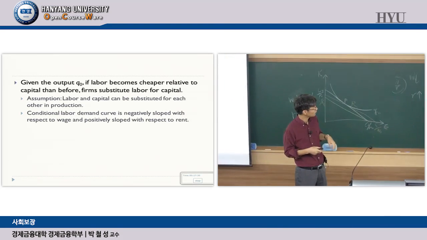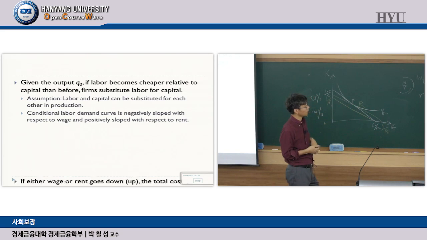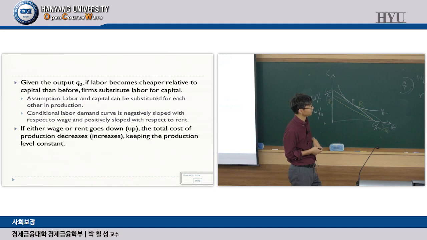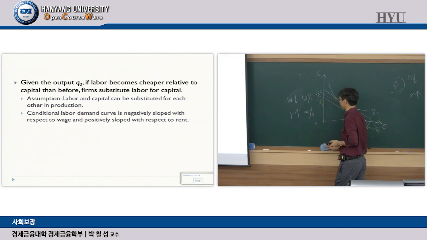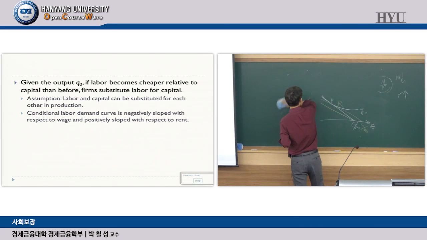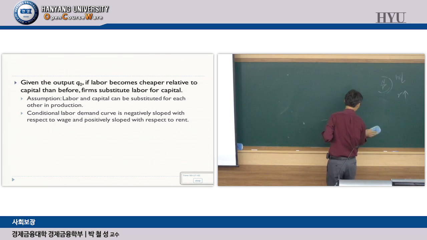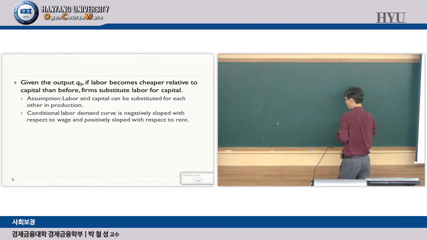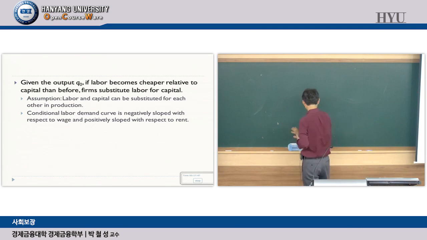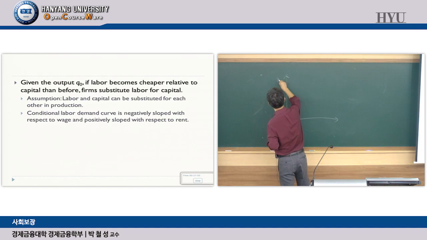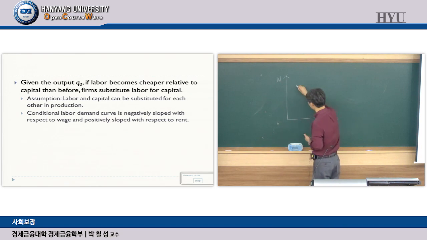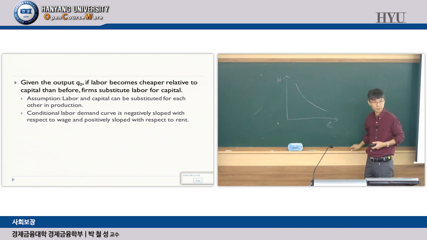So if you draw a labor demand curve in this particular case, let's say you change the wage rate, everything else equal, then you will see a diagram that's going to look like this.